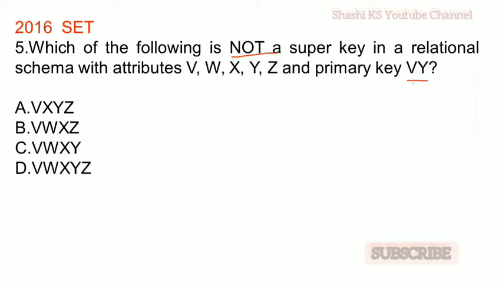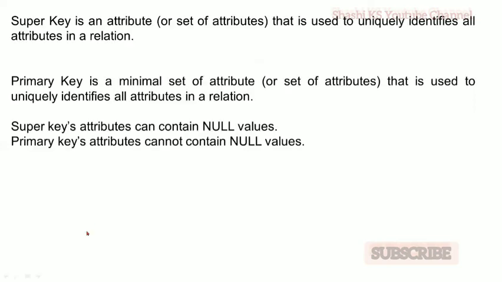So in the primary key, we have the attributes v and y of the relation. So that means in the super key also, we should be having v and y. So if you see the option B, you don't have y in the option B, but v and y should be definitely compulsorily present in the super key. So we don't have y, so right answer is option B here.